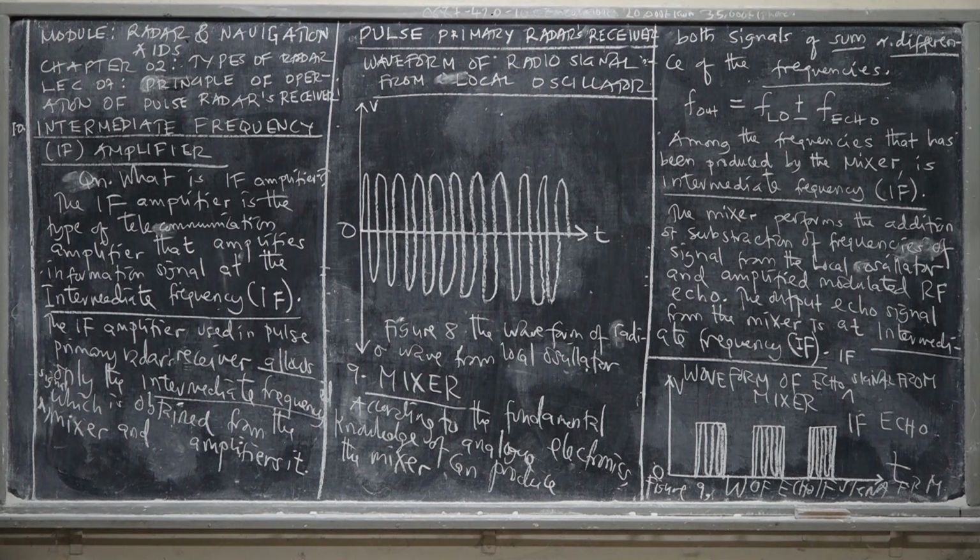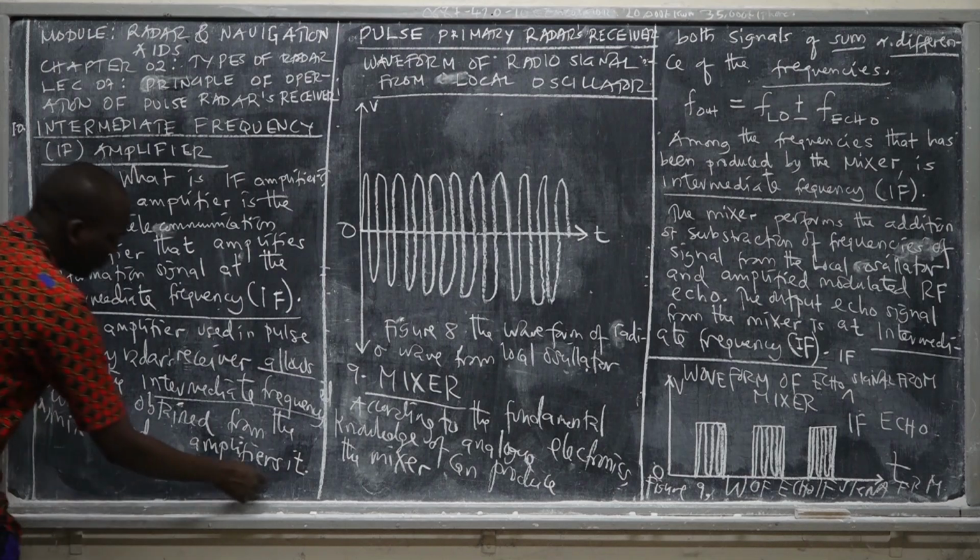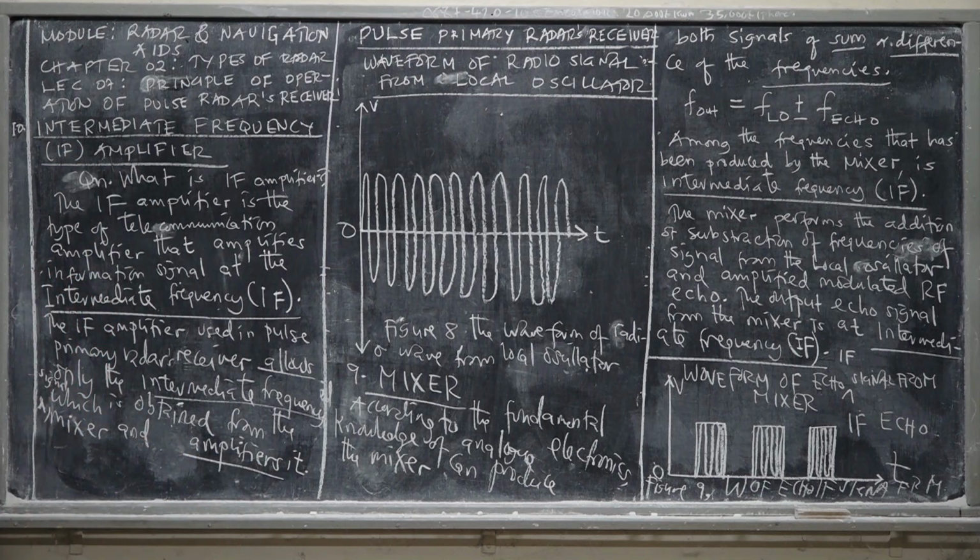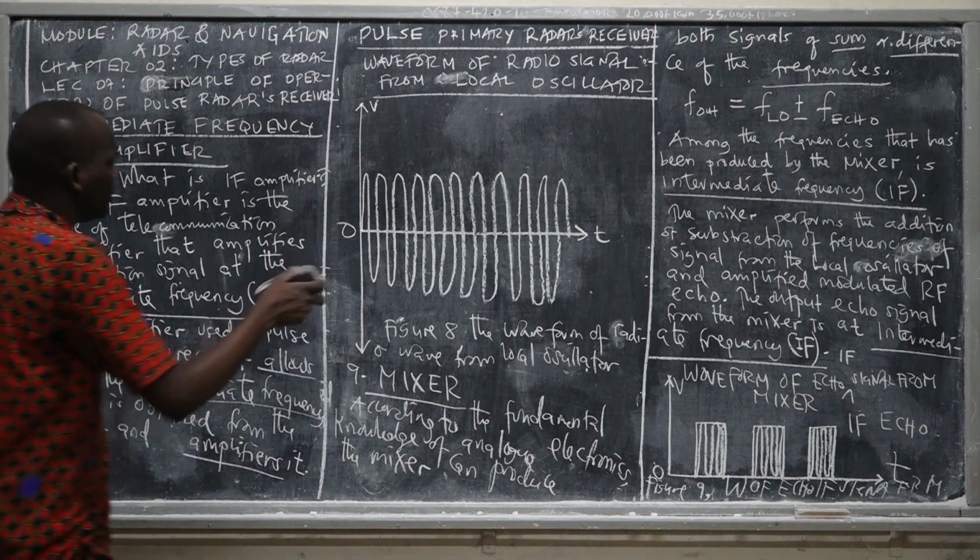And once it receives this signal, it amplifies. So if the signal from the mixer is not at the intermediate frequency, then the IF amplifier will not receive that signal. Those are the techniques that we have to remember whenever you want to do maintenance of the radar system.